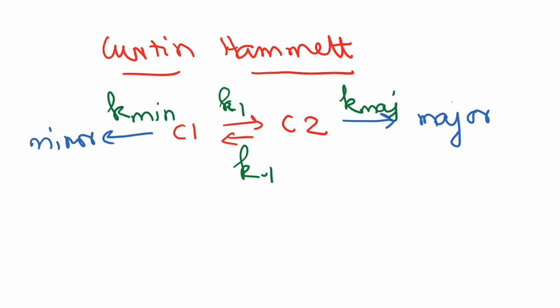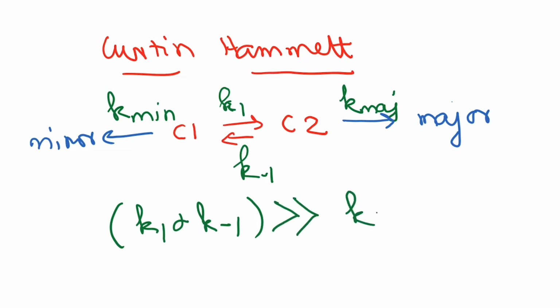Okay, so what we can understand from this is that K1 and K minus 1 are actually much faster compared to K major or K minor. Okay, so this is or, and not divided by.